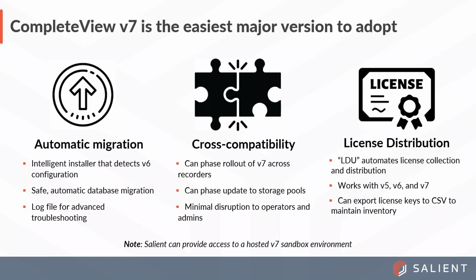And so this is able to detect a version 6 configuration and safely migrate the database to version 7. And this is a very safe installer to run should there be any issues. It will gracefully fail. It will produce a log file for any advanced troubleshooting. So we've made that part easy, and it does so in a manner of not editing, or I'll say changing, the version 6 database.